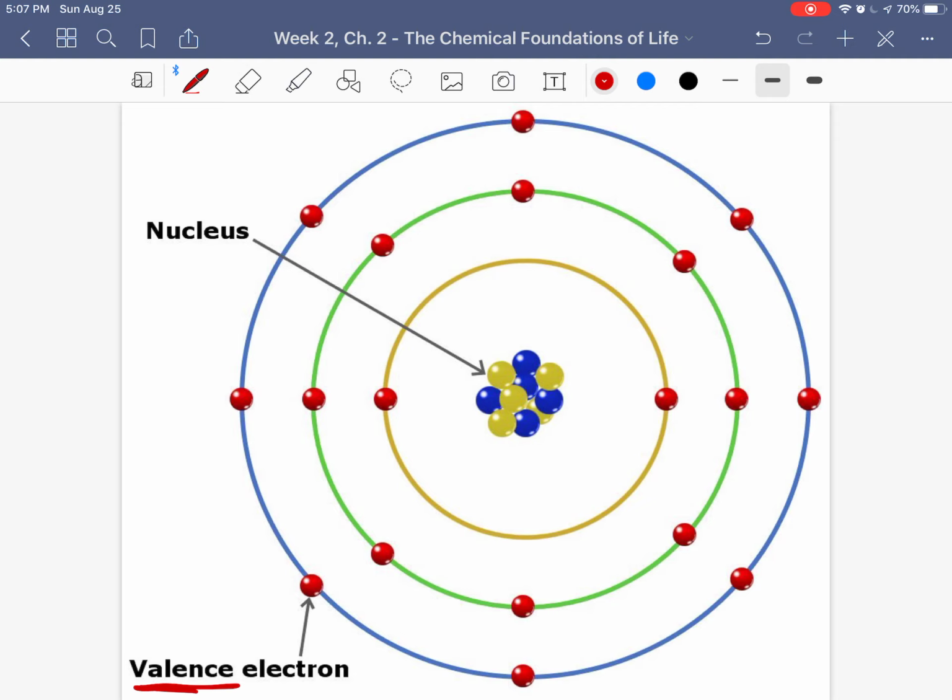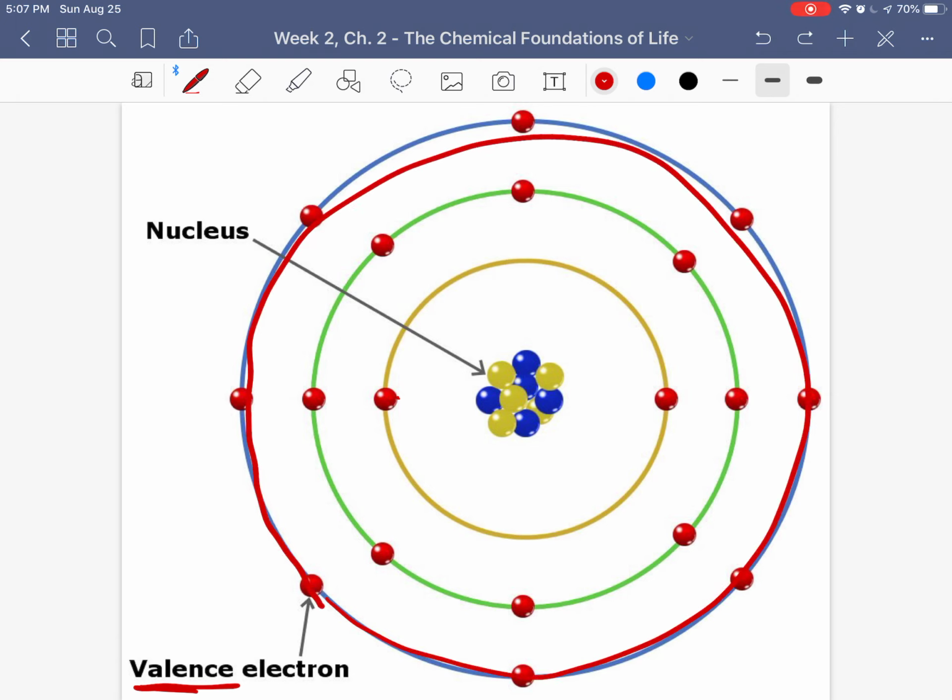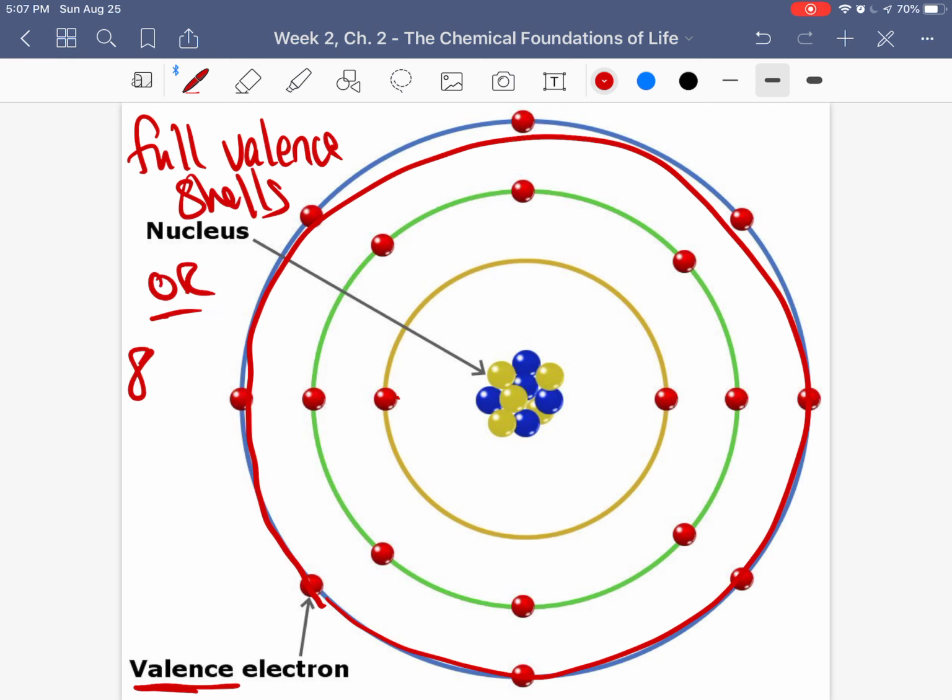If I'm talking about helium, which only has 2 protons, we're going to assume that it has 2 electrons. This right here would be helium's valence shell. Atoms want to have full valence shells, or 8 electrons in that valence shell, and that makes atoms happy.